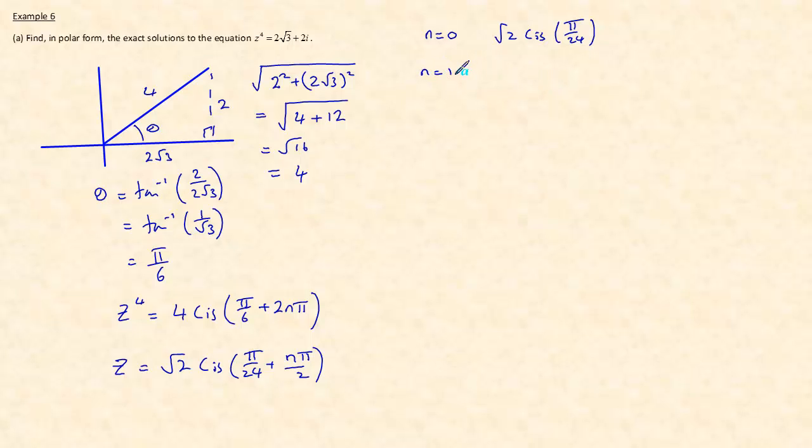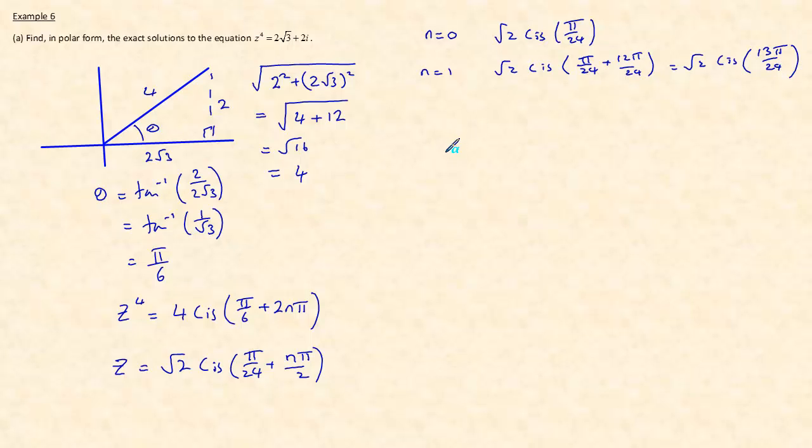Take n equal to 1, and we're going to get root 2 cis pi by 24 plus pi by 2, so that's plus 12 pi by 24, which is root 2 cis 13 pi by 24.